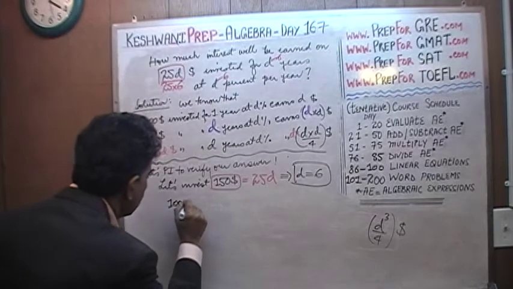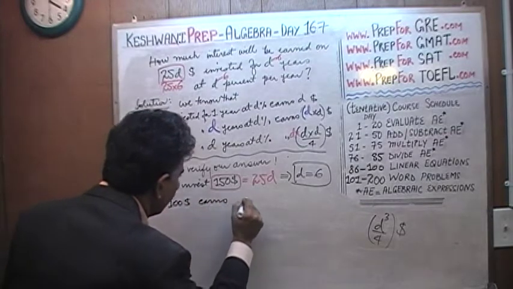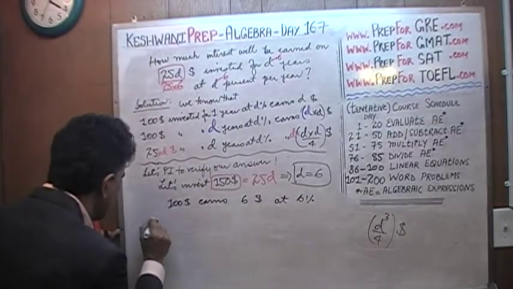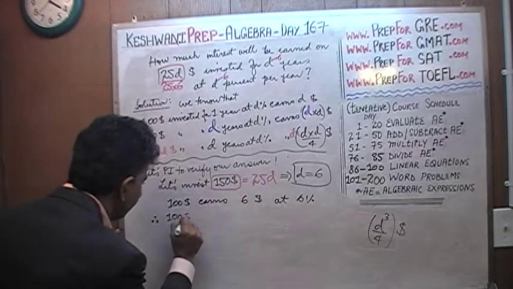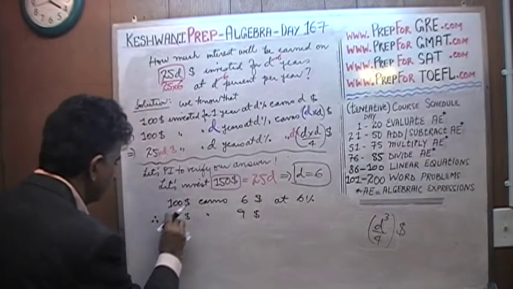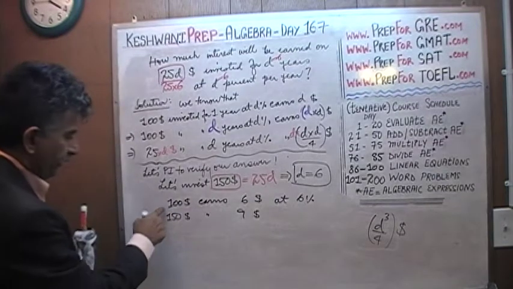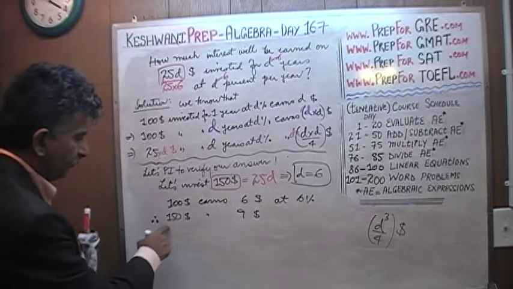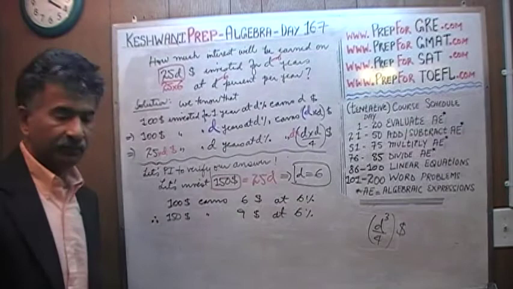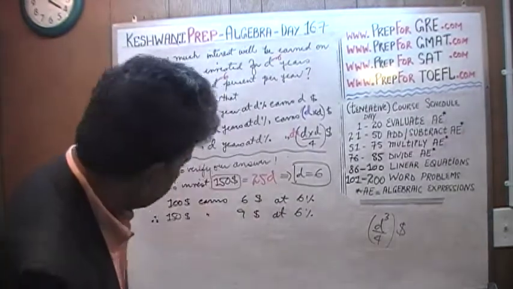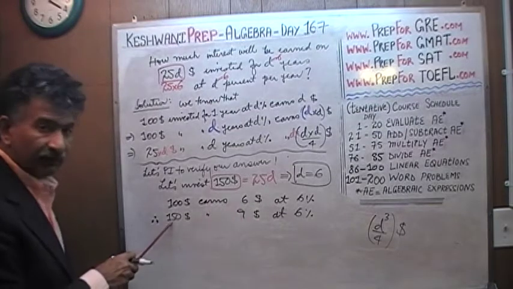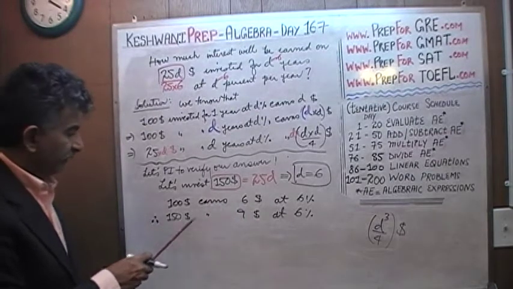$100 earns $6 at 6%. Therefore $150, which is 1.5 times this amount, should earn $9 at 6%, which makes sense because 6% of 100 is 6, and 6% of the remaining 50 would be 3. 3 plus 6 is 9.